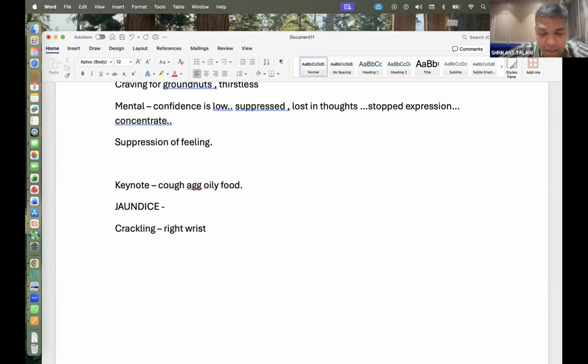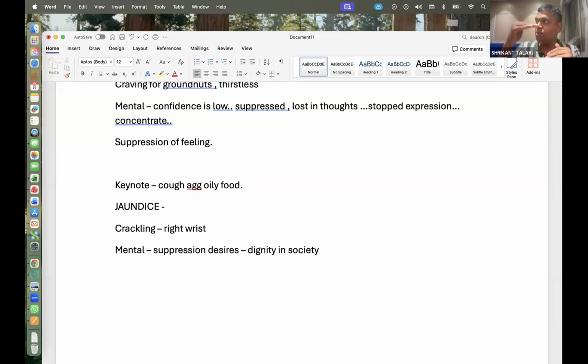Then if we look at the mental symptoms, what we see is a suppression of one's desires to maintain a position or a certain amount of dignity in society, that I am his brother, his sister, this son.